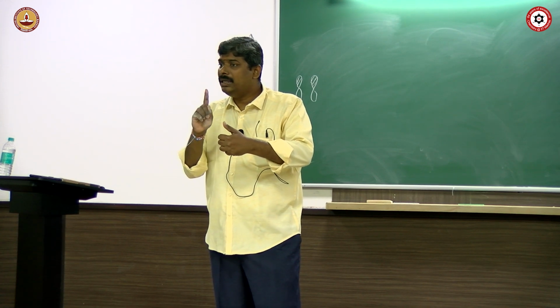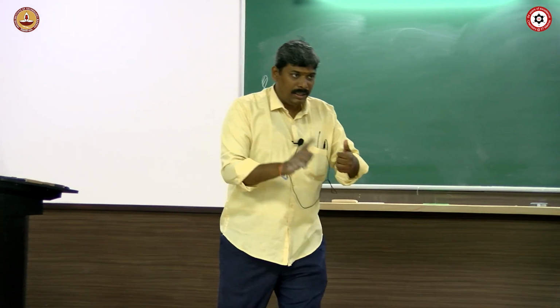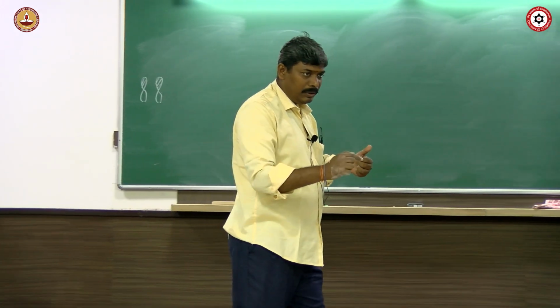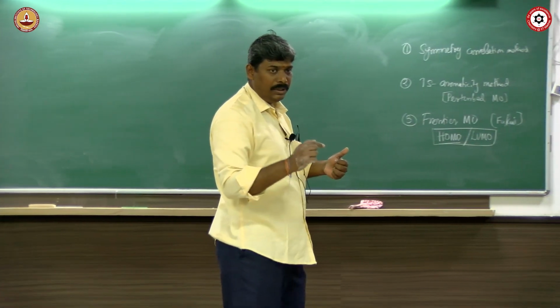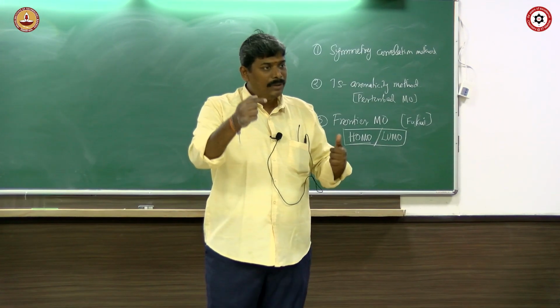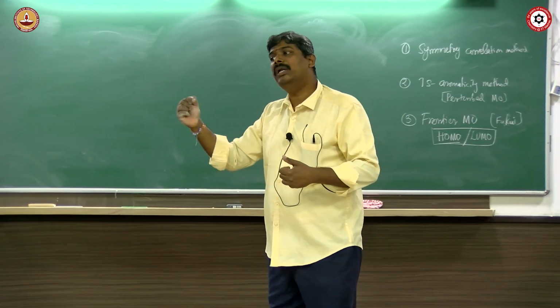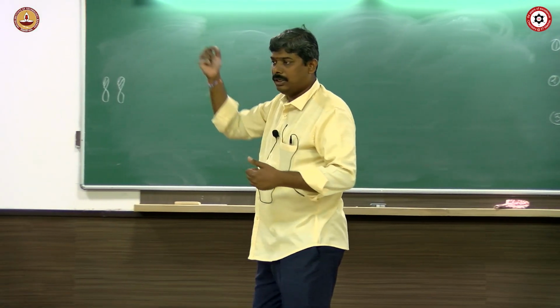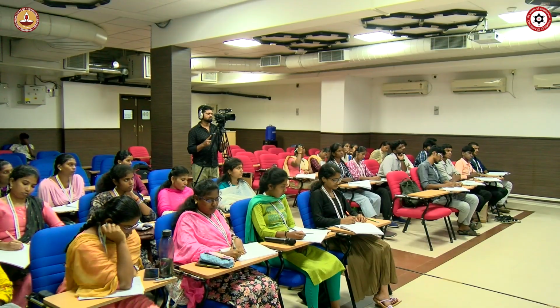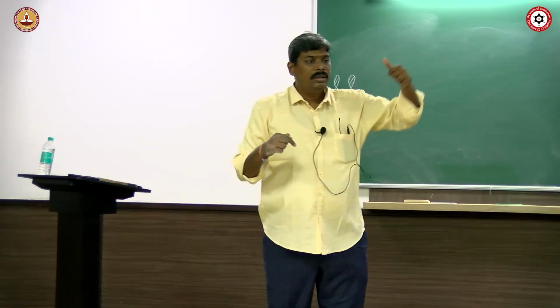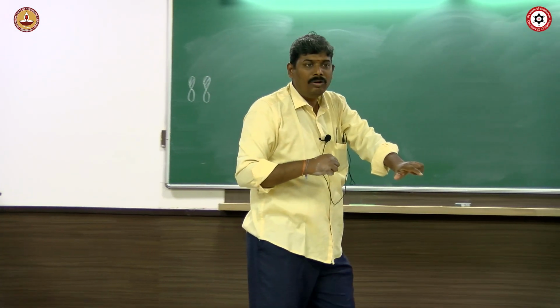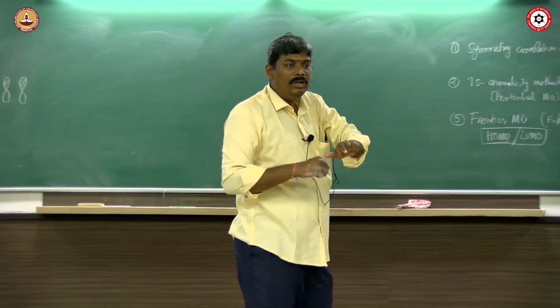But if it is an even number of carbons, then half of those n will be bonding orbitals, having electrons in them, and half of them will be anti-bonding orbitals which will not have electrons in them, right? And the other thing is that the lowest one will have no node.